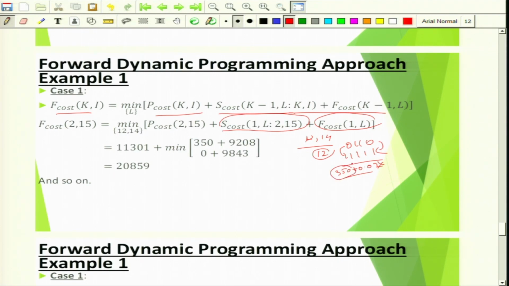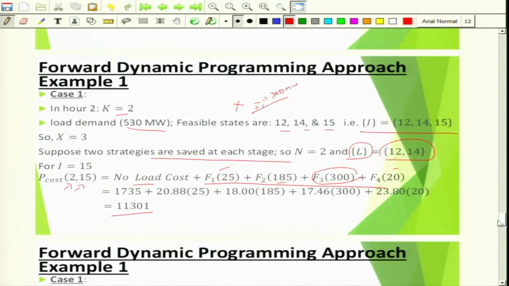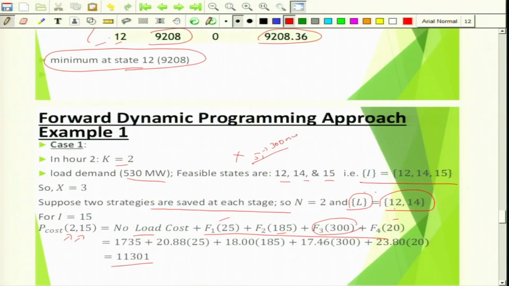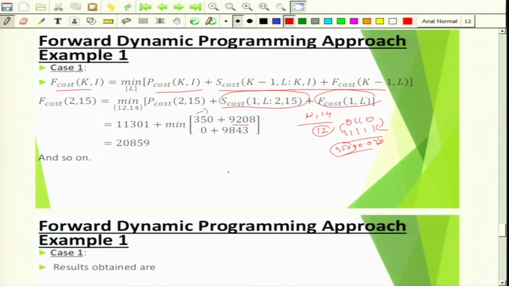This is the startup cost that we are considering here. 350 plus what is the fuel cost of that previous combination, that is at first interval 12th state. What is the fuel cost that we obtained from here, which is 9208.36, and you can just consider it to be 9208, right? That means you check 350 plus 9208. This is one of the costs.